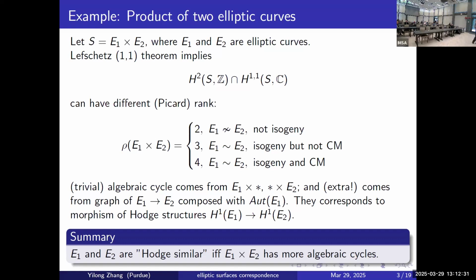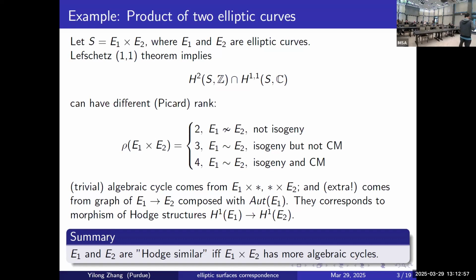But if you use the complex structure, you start to see different Hodge classes. One theorem actually tells you that if you move the complex structure, you see different Picard rank.